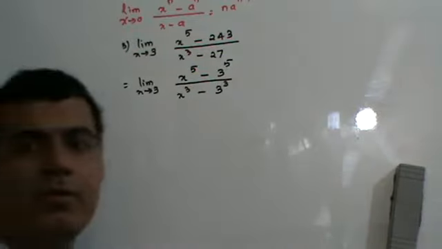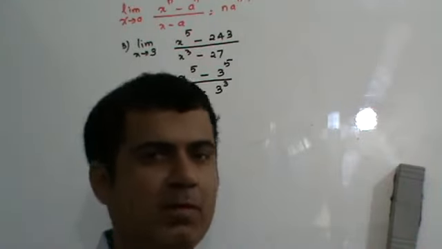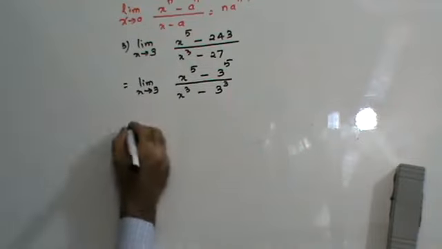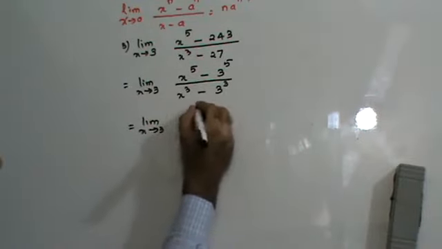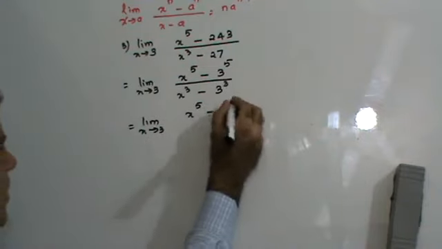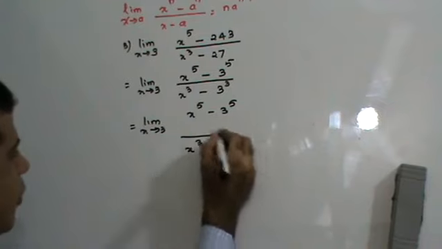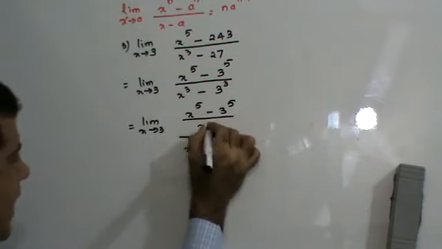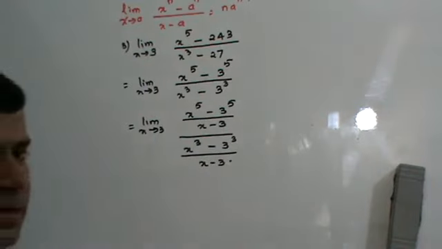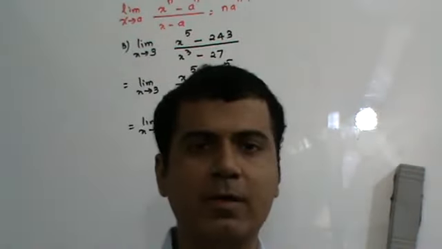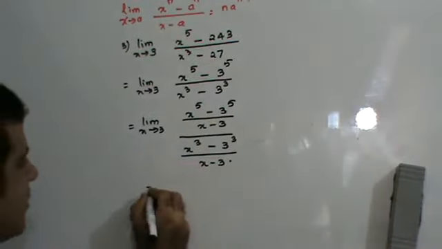Then the same thing that you did in the previous sum: divide the numerator and denominator by x minus 3. Use the same formula that's written up there.